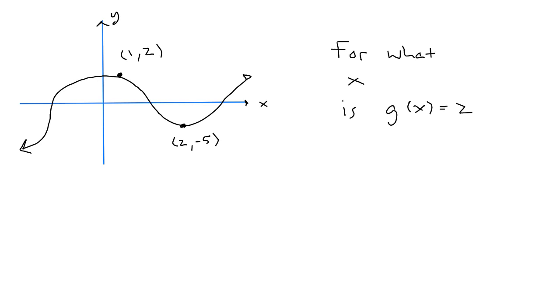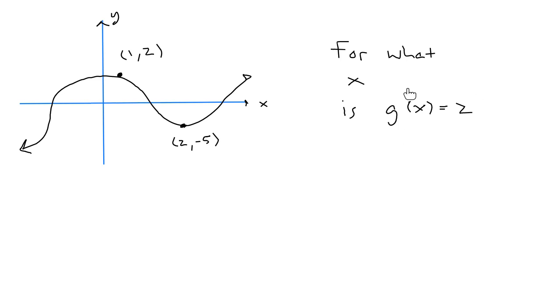This is called function notation, okay? But all functions are just x's and y's. That's all they are. Think about it: what's a graph? A graph is an x paired together with a y. That's really all you can say about it.